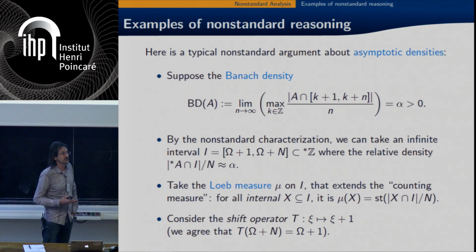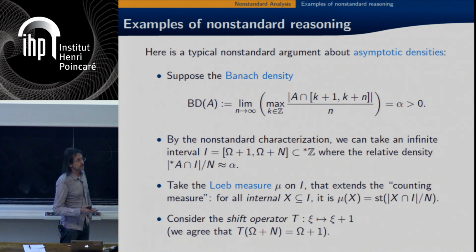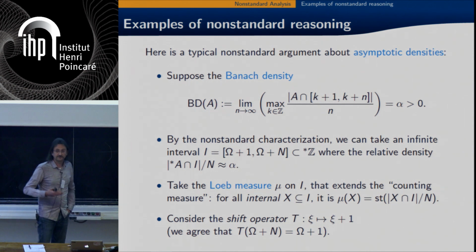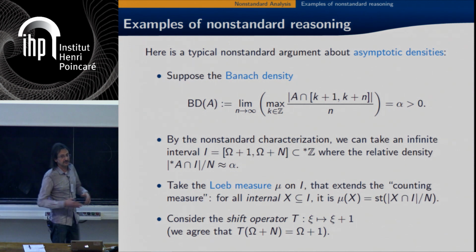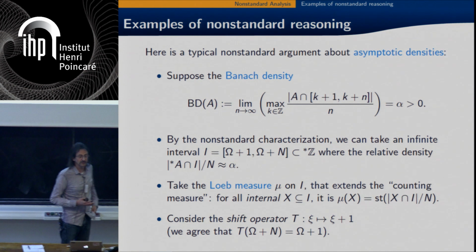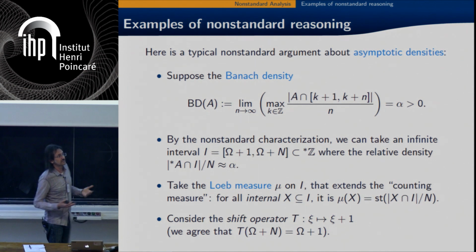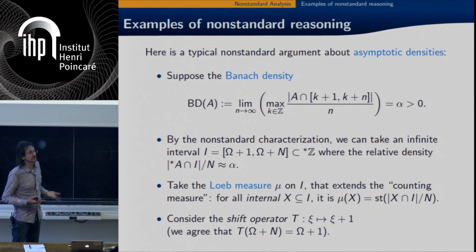We have this counting measure. And if we take the standard part of this, we get a finitely additive measure on the collection of so-called internal subsets, I mean, the nice subsets that one can consider in non-standard analysis. And there is this canonical way of extending it to a genuine measure that's called the Loeb measure.